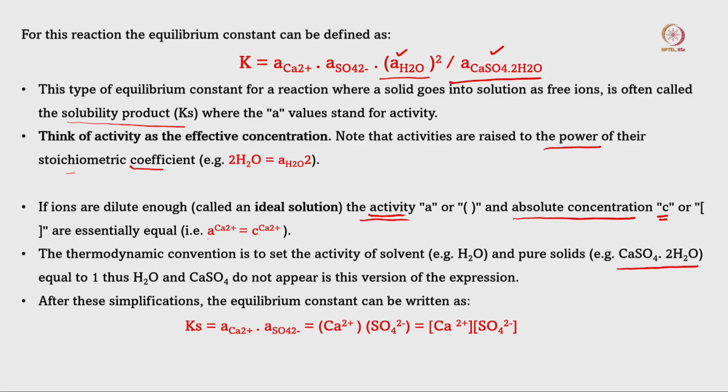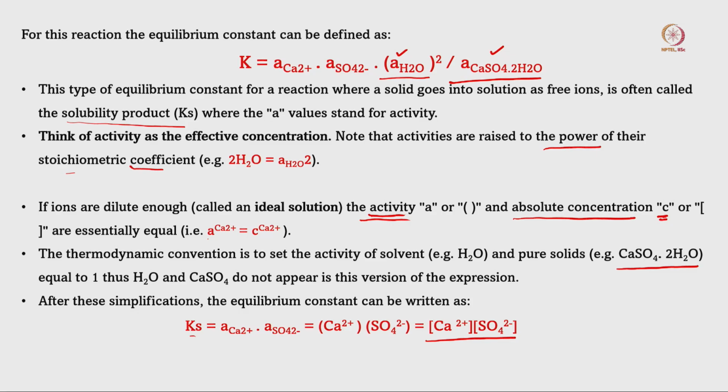So, my Ks therefore becomes the activity of calcium 2 plus times the activity of SO4 2 minus, and since it is an ideal solution, it can be written in terms of concentration. Therefore, we have them in terms of concentration terms.